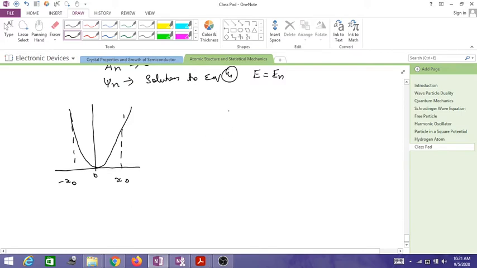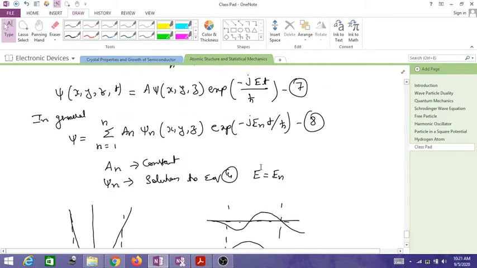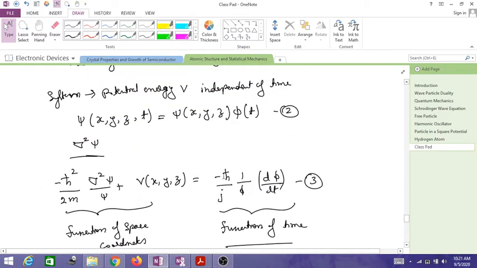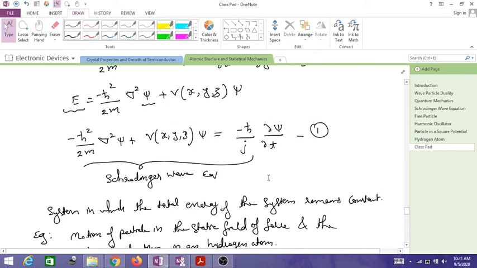But in quantum mechanics, that is not true. The energy level will never be 0. You will get something like this for the first energy level, and the second energy level we will get like this, and so on. We'll talk about this in detail later. So finally, this equation we have seen is called the Schrodinger wave equation, which describes the wave motion of the particle. That is what we need to understand here.